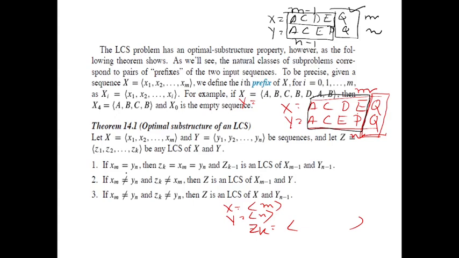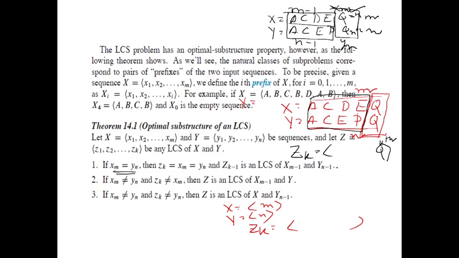So the first condition is: if xm equals yn, that means this is my xm, the mth location, and this is the nth location, my yn. Correct, students? If x and y are matching, then the last element of my zk has been matched, which is the kth location.